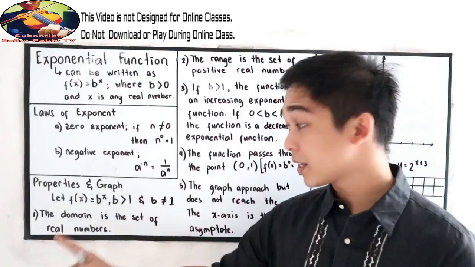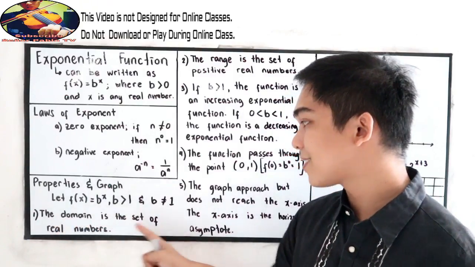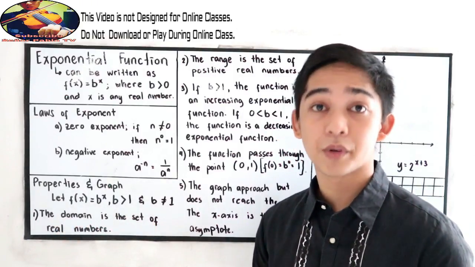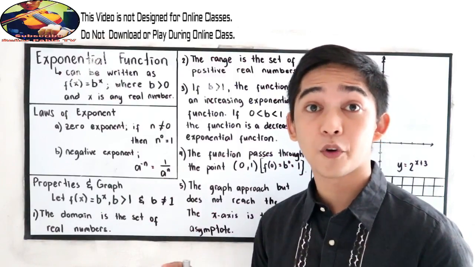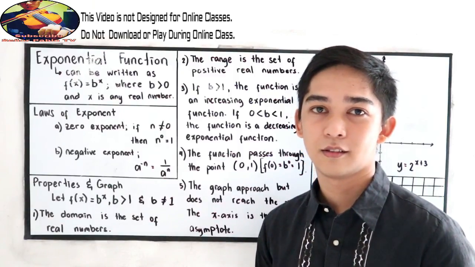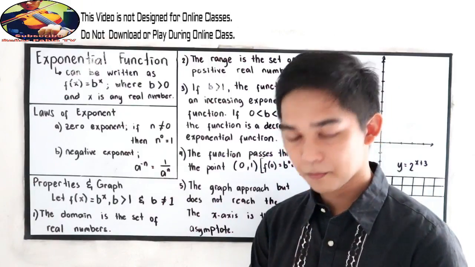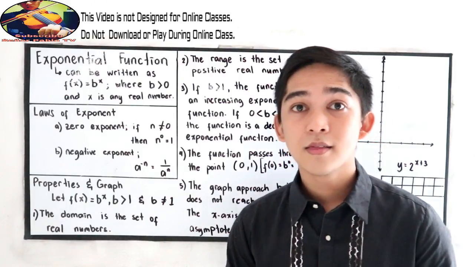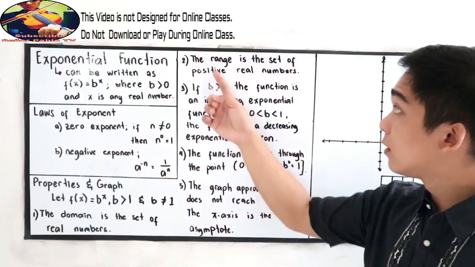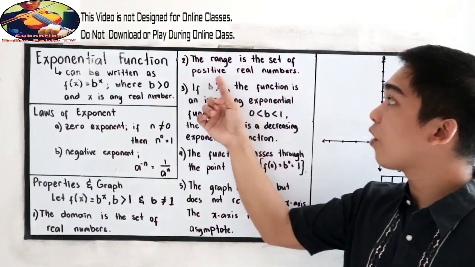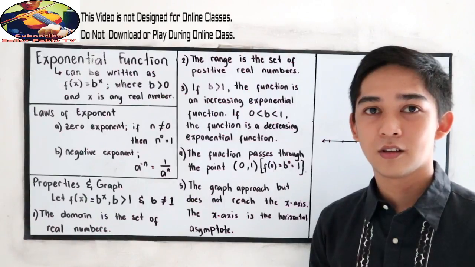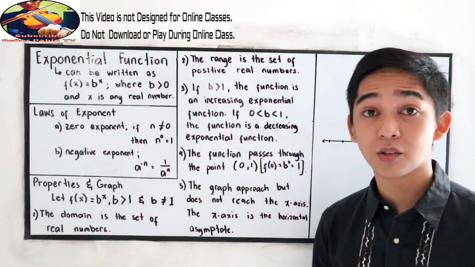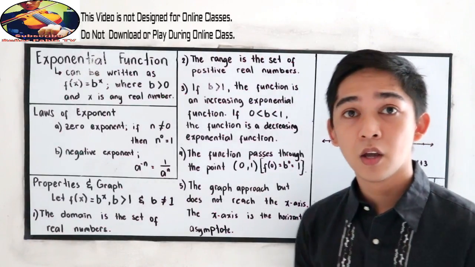Our first property is the domain is the set of real numbers. When we say domain, it is the possible values for x. Next, the range is the set of positive real numbers. So range are the possible values for y.